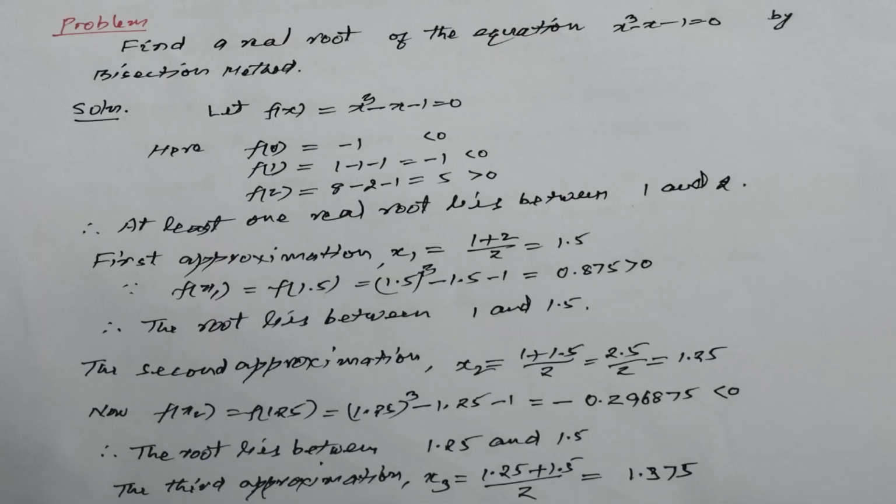Earlier, we had seen that f(1) was negative and f(2) was positive, and so we had taken that the real root lies between 1 and 2.